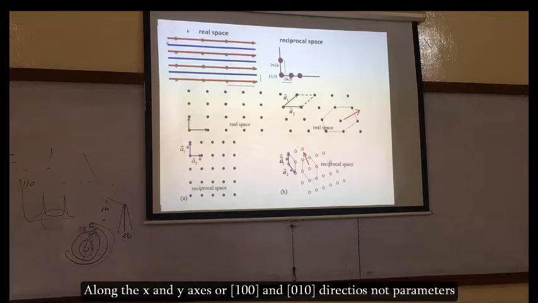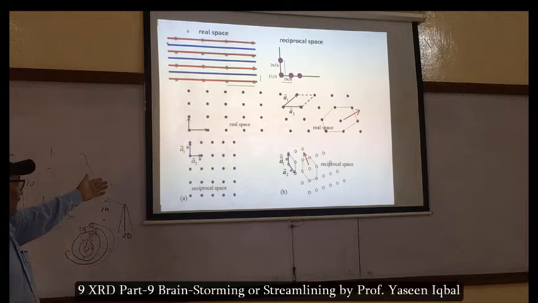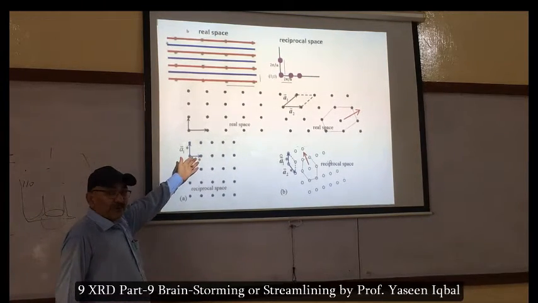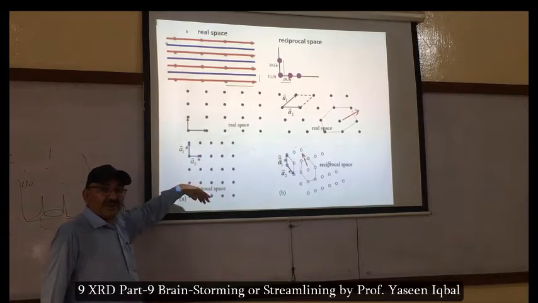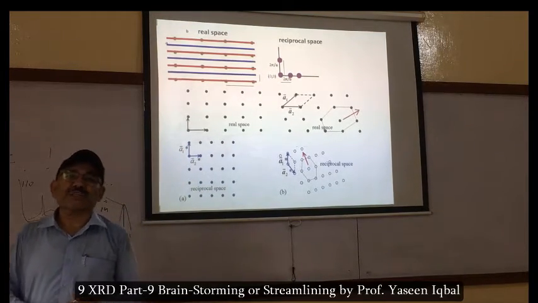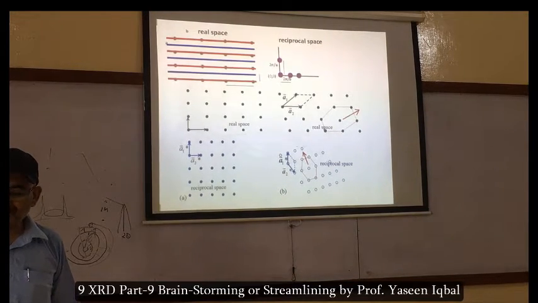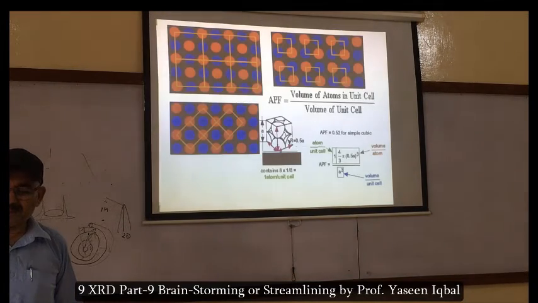And here the diffraction pattern, and here the real lattice. Similarly, in the reciprocal lattice, you use stars to show the reciprocal of the distances.